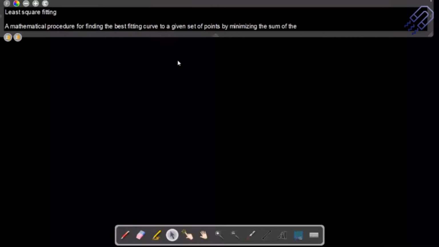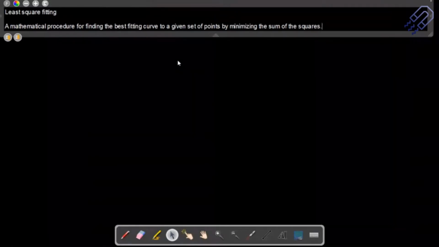If we are able to minimize the sum of the squares mathematically, it has been seen that this will give you the best fit. We are going to look into some problems.